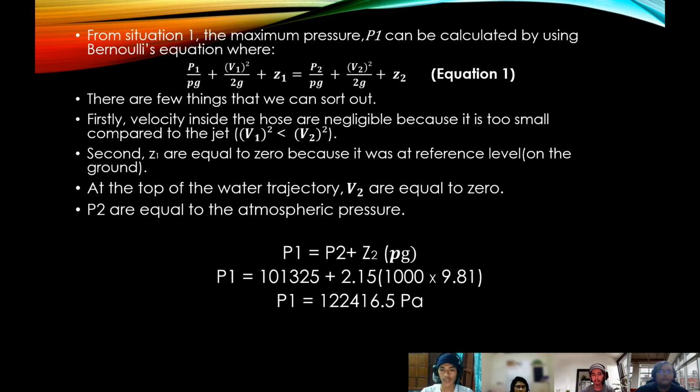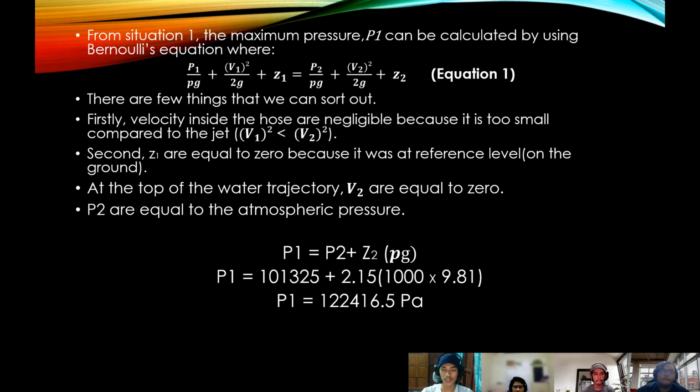Second, Z1 is considered 0 because it is at the reference level, which is on the ground. Then at the top of the water trajectory, V2 is equal to 0 because the water only got to 2.15 meter, and P2 is equal to the atmospheric pressure.